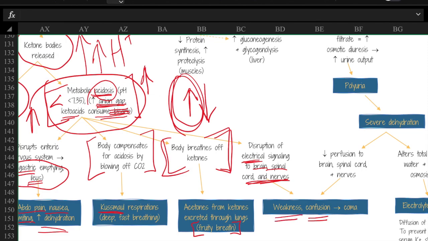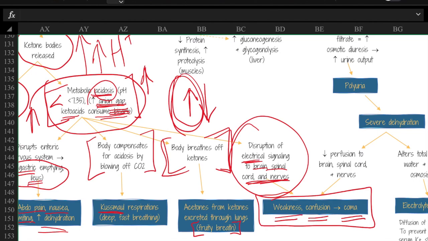Eventually, if untreated, this is what is going to contribute to the patient entering into a coma. So be really careful with this, because this kind of disruption in signaling and the resulting weakness and confusion is very different from the neurological changes that you're going to see in HHS.